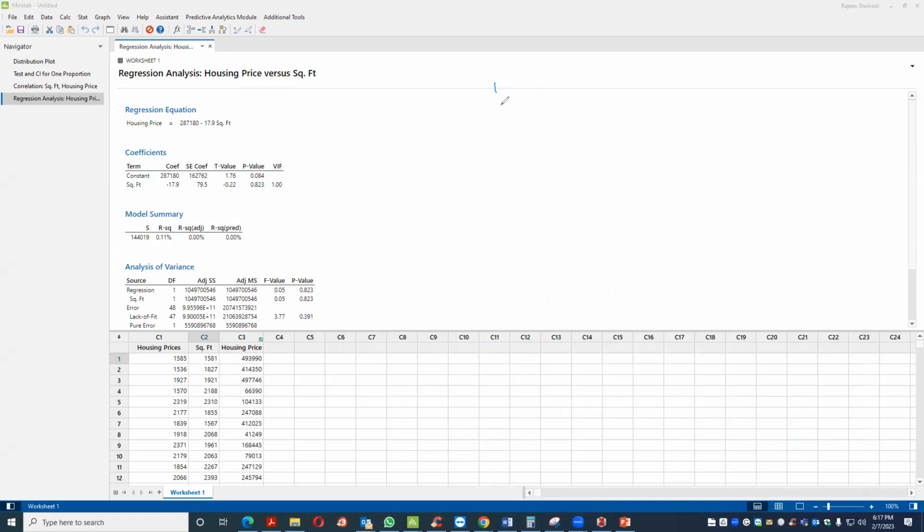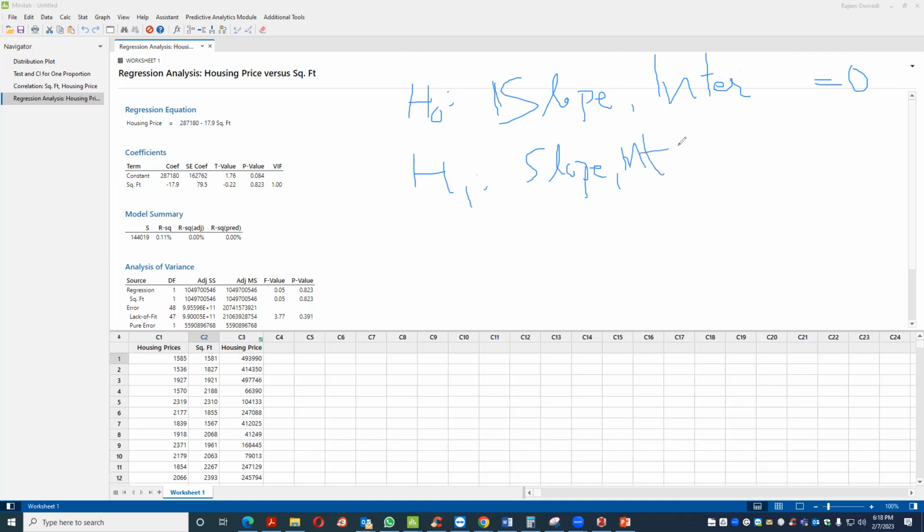Null hypothesis H0: slope and intercept, or you can write the symbol for all, equal to 0. Alternative says slope, comma, intercept not 0.